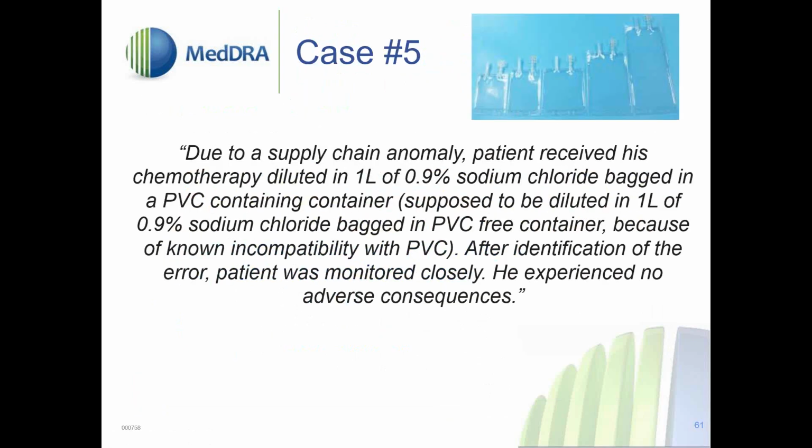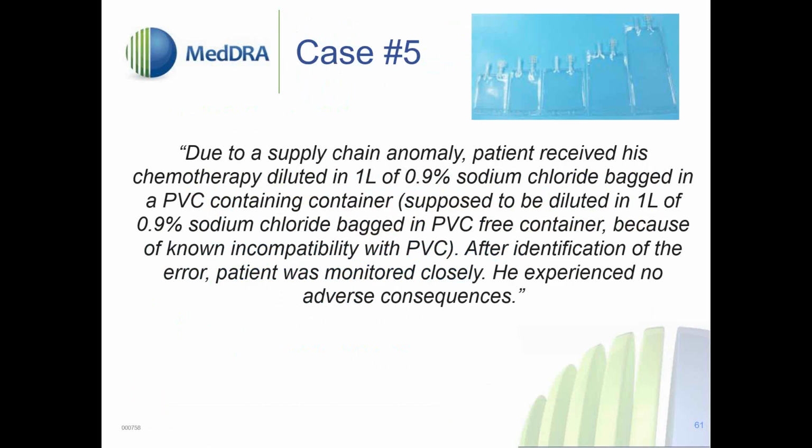Thank you. So this is one that we have received from a previous attendee of the workshop. Here it is reported that due to a supply chain anomaly, patient received his chemotherapy diluted in 1 liter of 0.9% sodium chloride bagged in a PVC containing container.